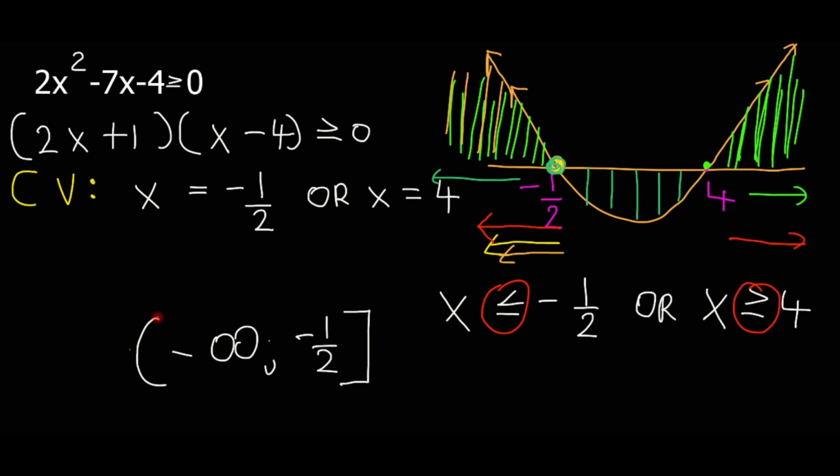And remember negative infinity always uses an excluded bracket, but negative half uses an included bracket because of this inequality, it is greater or equal. And then as for this 4, the union is 'or', and then 4 until positive infinity. Our solution is from positive 4 going to the right, because going to the right is positive infinity. So this is our solution.